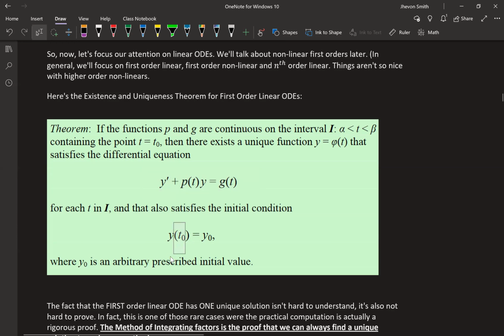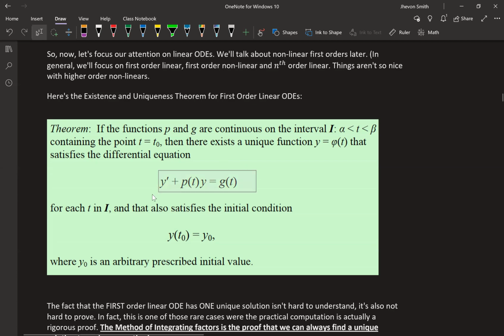And if my T naught is any number in that interval I, then if you give me any random initial condition, pick a solution that when I plug in T naught, it's your favorite number, I will be able to choose arbitrary constants in my general solution that is going to fit that number that you just gave me, right? That is called the existence and uniqueness theorem for first order linear ODEs.